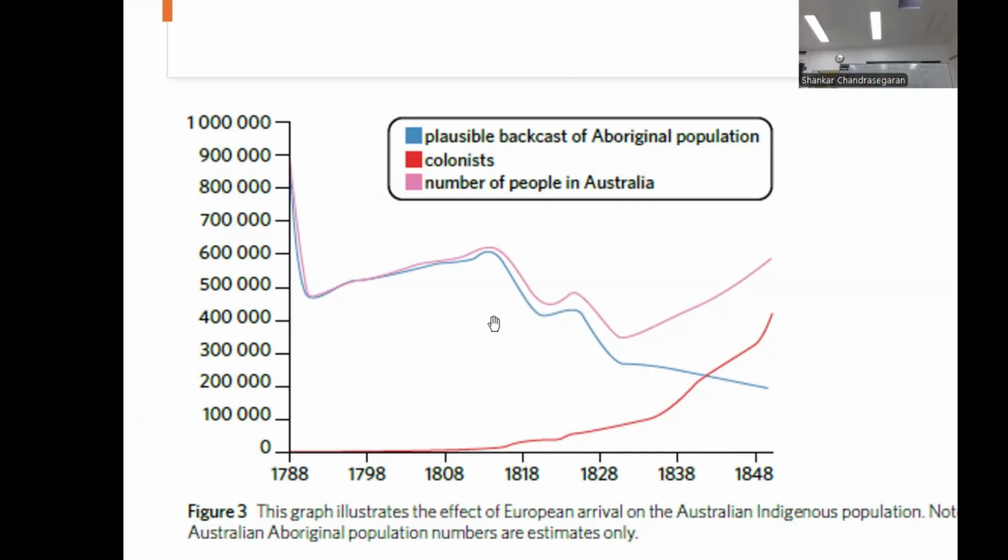This is showing the trend where colonists are starting to emerge in Australia and the diseases are being spread, causing mass dips in the indigenous population.